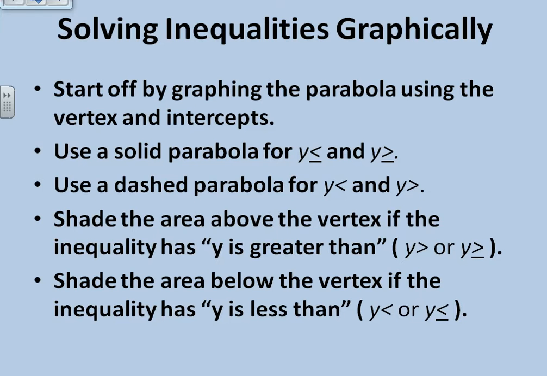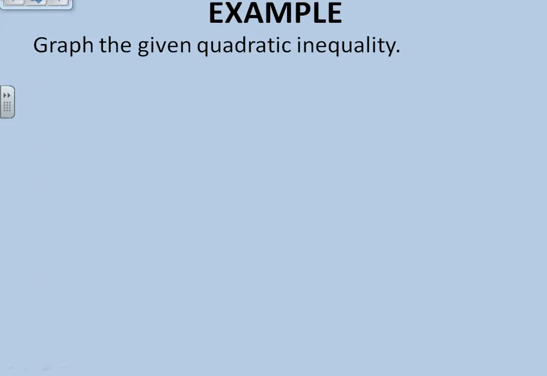I'll explain that in more detail in a moment, but basically we're going to make the parabola a boundary, and we'll start shading above the vertex if we have a greater than, and we'll shade all around the boundary from that point. And we'll start below the vertex with our shading if it says less than. All right, with that said, let's jump right in and look at some examples, because it's probably easier to understand by seeing the actual example worked out.